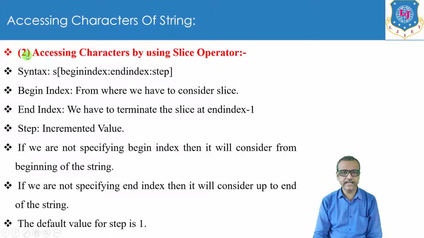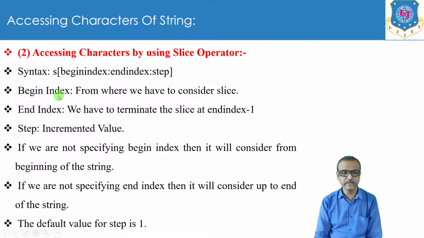Now we will see the second method, that is, accessing characters by using slice operator. This is the syntax of slice operator: S[begin_index:end_index:step]. Don't forget to write this colon, then after end index again we have to write a colon, and then after it the step.